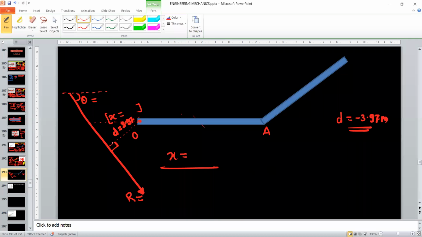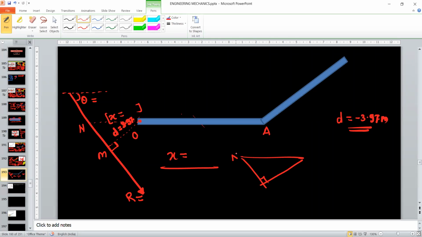So in this triangle, you can consider this is point O. Take this point as M, and then this point as N. Okay, so in the triangle OMN, you can use trigonometry. So this becomes ON as the hypotenuse, and OM is the known distance, which is 3.97. So you can consider this triangle. This is 90 degrees.